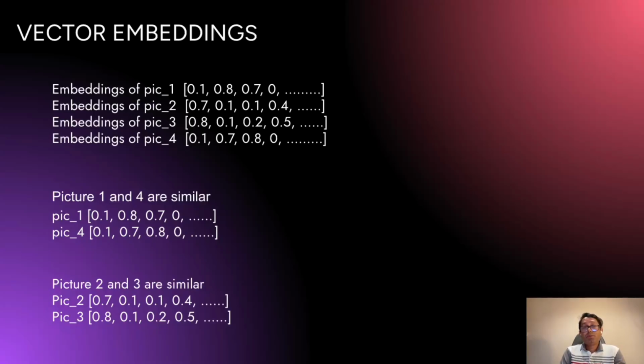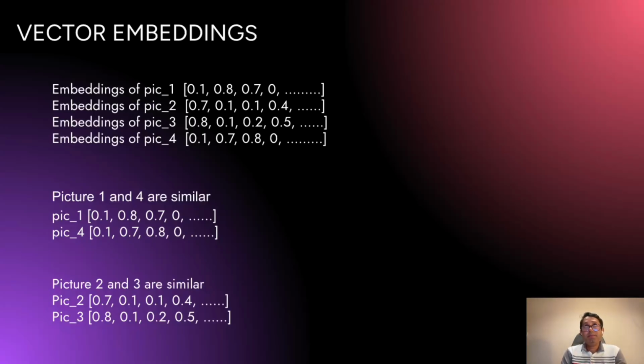For dimension 2, the values are 0.8 and 0.7, closely matches. Third dimension, 0.7, 0.8, closely matches. Fourth dimension, 0, matches. So we can say that picture 1 and picture 4 are similar. And picture 2 and 3 are similar in the same way.